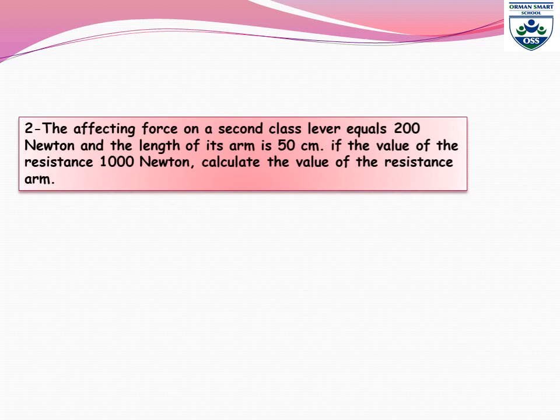Problem 2. The affecting force on the second-class lever equals 200 Newton and the length of its arm is 50 centimeters, so the effort force arm is equal to 50 centimeters. If the value of the resistance is 1000 Newton, calculate the value of the resistance arm.